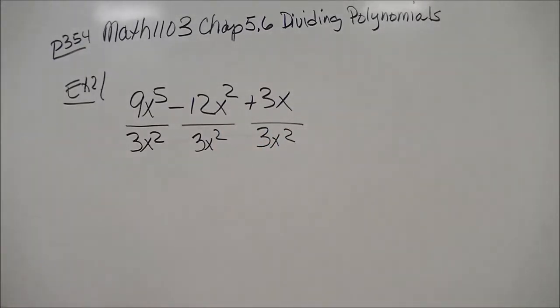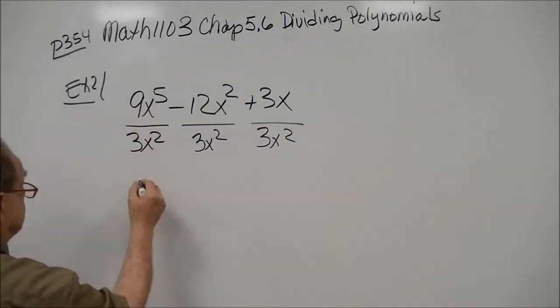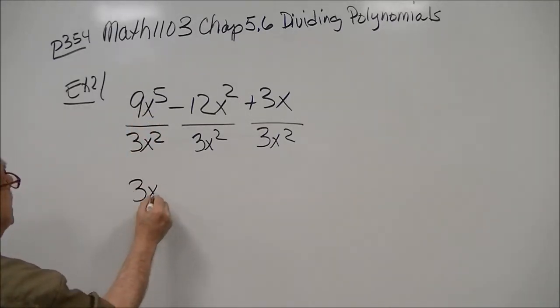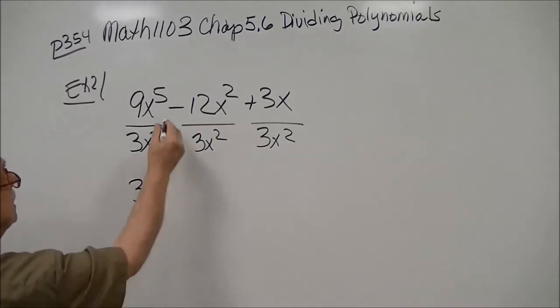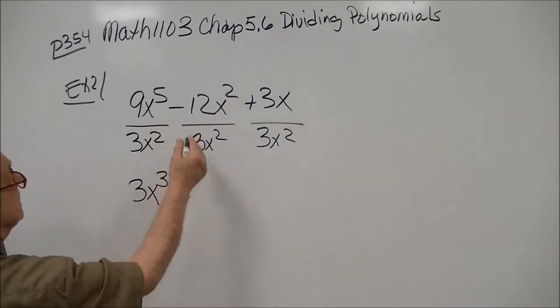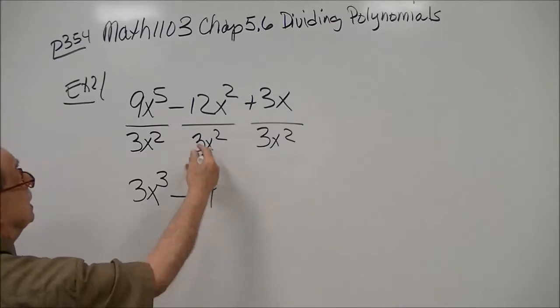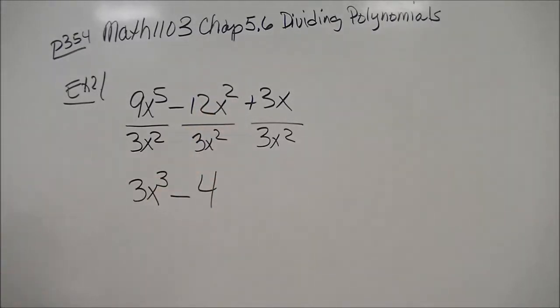And now you're going to simplify these 3 terms. So this one is going to be 3x to the 3rd. Notice your sign here. This is a negative 4. Notice the x's all cancel out.